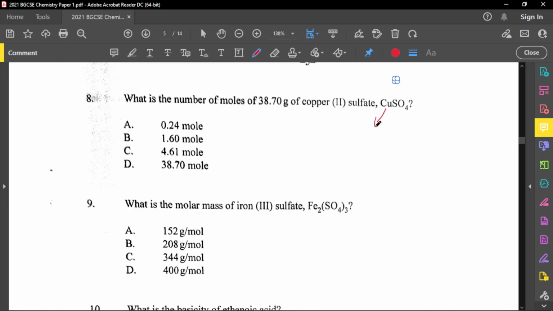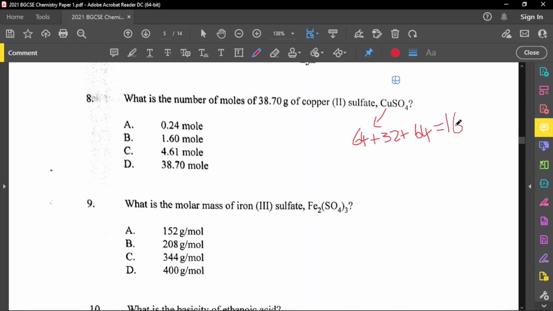The mass number of copper is 64, so let's put 64 right here. Plus sulfur, and sulfur is 32. Plus oxygen, and oxygen is 16, but multiplied by 4 because you have 4 atoms of oxygen. So 16 times 4 is 64 as well. So 64 plus 32 plus 64, and we get a total of 160. So this is 160.